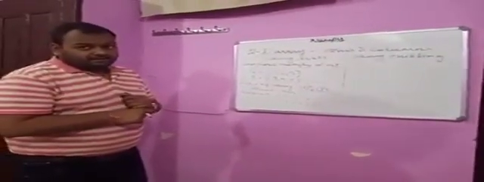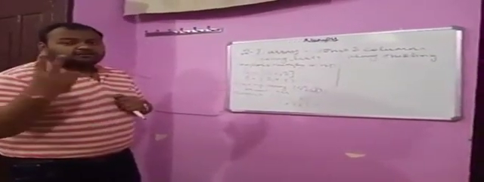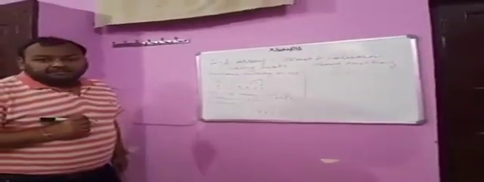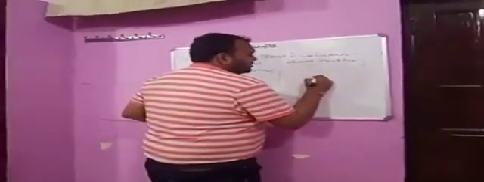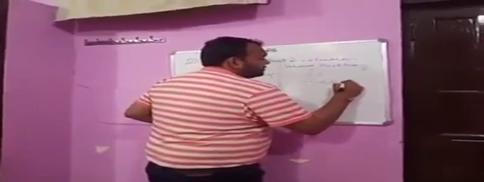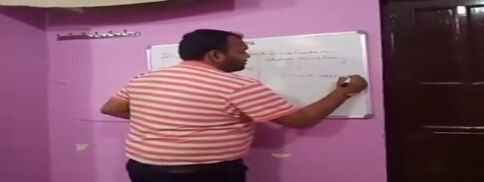Now, if you want to add two arrays, what will you do? We will have the add function here. How will you write it? np dot add arr1 comma arr2.